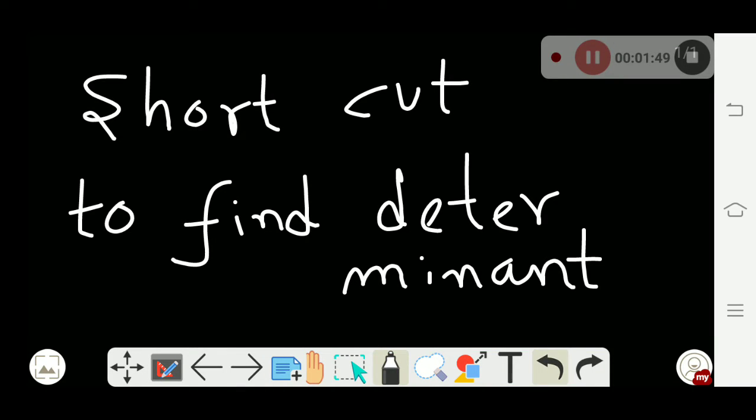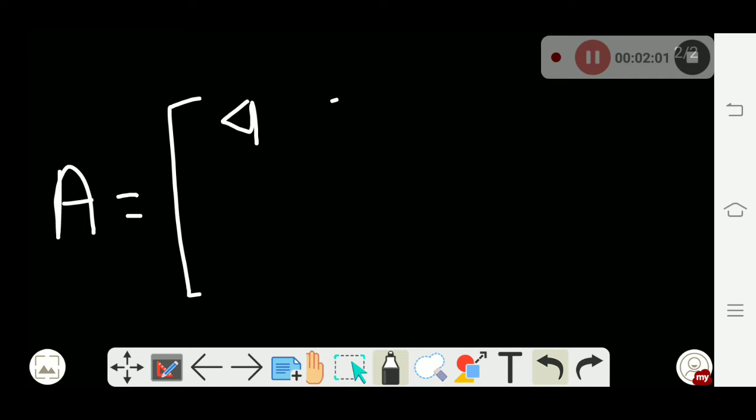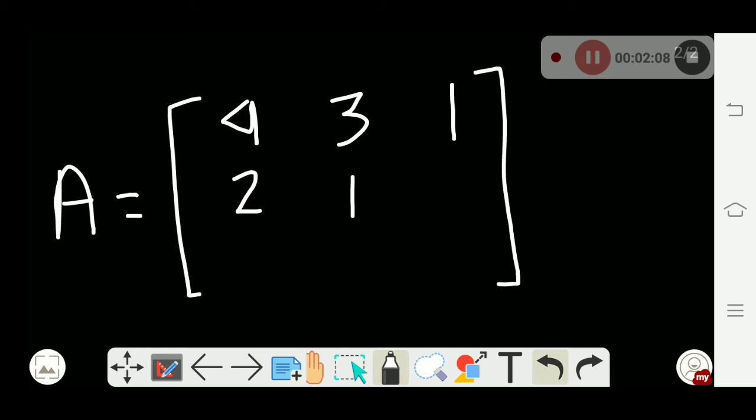Let's go to the next page. Suppose we have a given matrix A and it is given as 4 3 1, 2 1 minus 2, 1 2 1. Okay, this is our given matrix.